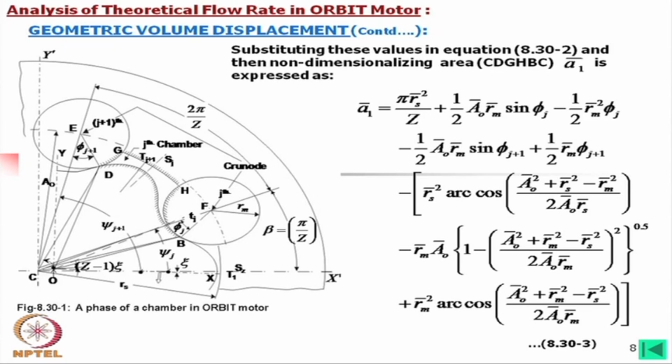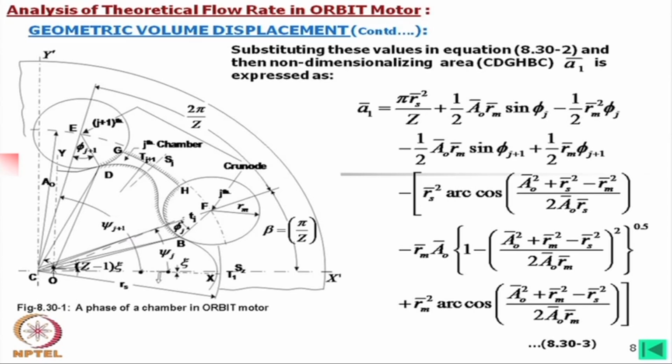Each and every parameter, say if it is a length, is divided by R0. What is capital R0? Capital R0 is the radius of the centroid, the bigger centroid, the centroid for the envelope.